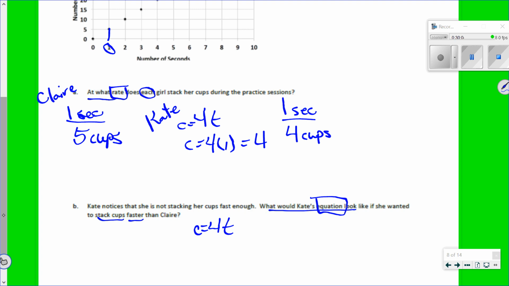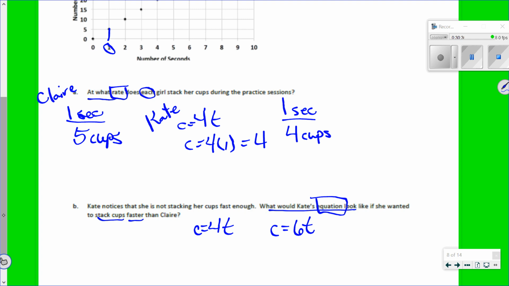Change it so that it's c equals 16t. Okay, would that work? Does everybody understand why we changed it to something like that? Could I have made it 8t? Yeah? The key is it just needs to be bigger than 5, right? Anybody not understand why that works? Be honest.